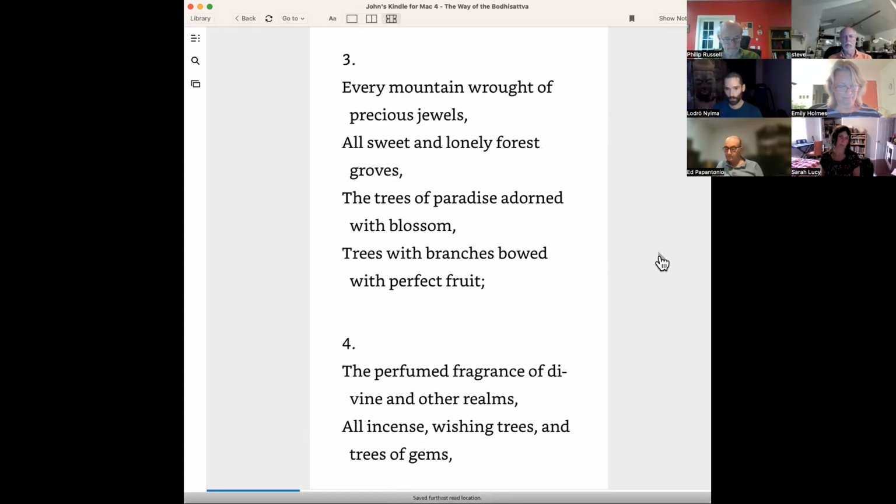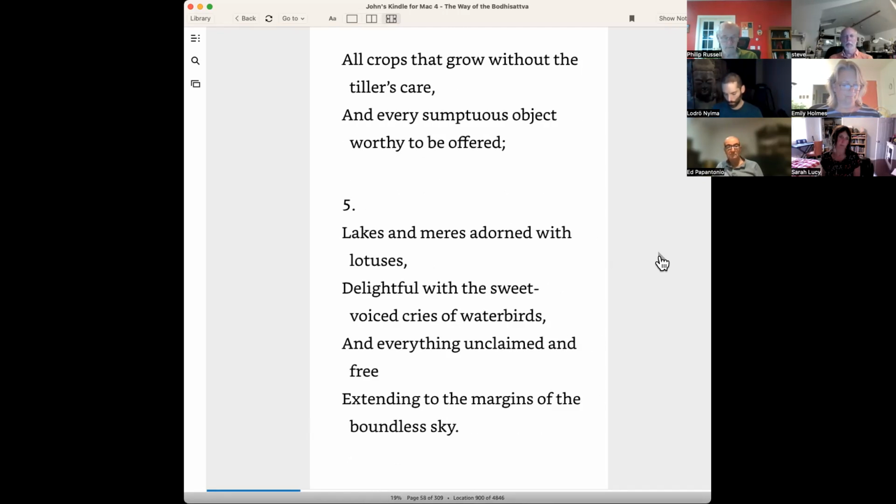Every mountain wrought of precious jewels, all sweet and lovely forest groves, the trees of paradise adorned with blossom, trees with branches bowed with perfect fruit, the perfumed fragrance of divine and other realms, all incense, wishing trees, and trees of gems, all crops that grow without the tiller's care, and every sumptuous object worthy to be offered.